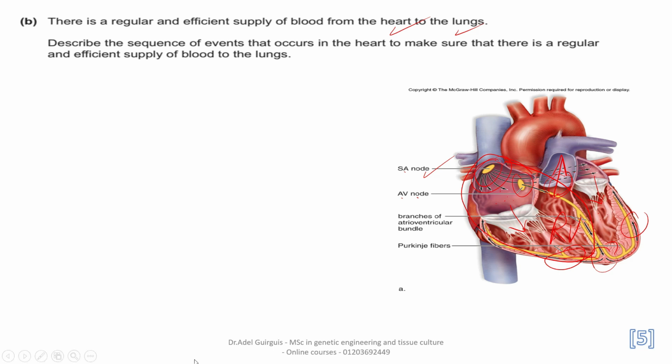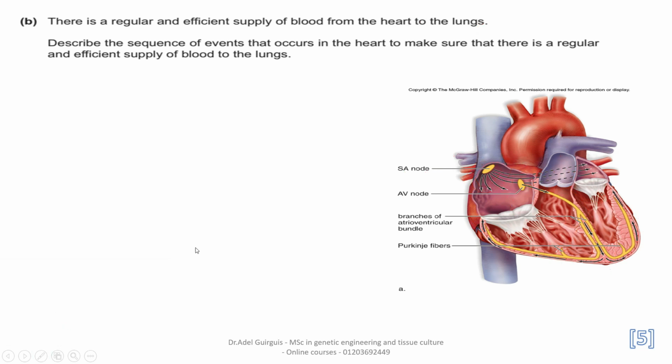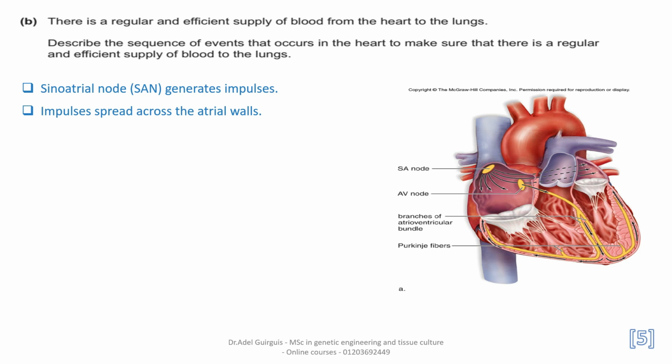Look, I have to erase all the ink. Okay, then we concentrate step by step. Again, here the sinoatrial node SAN generates impulses. Impulses spread across the atrial walls.